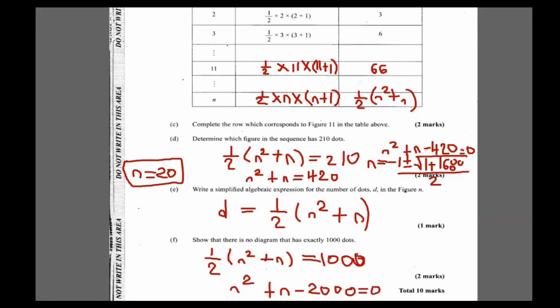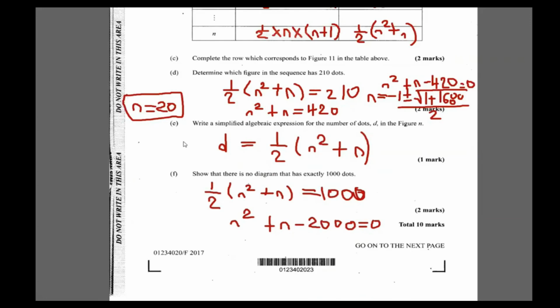Again, to solve these equations, just go straight to the quadratic formula. n is equal to minus b, which is minus 1, plus or minus the square root of b squared minus 4ac. So it's plus or minus the square root of 1 minus 4 times 1 times c, which is plus 8,000, over 2.